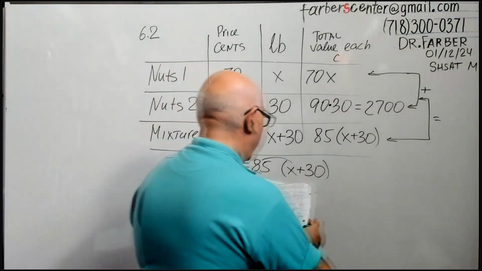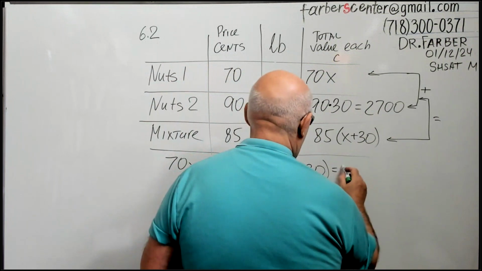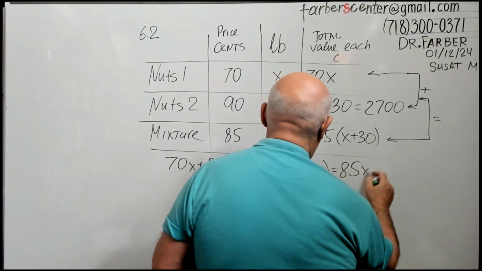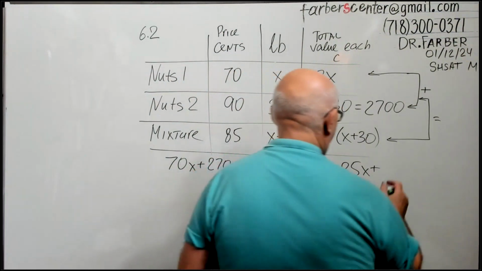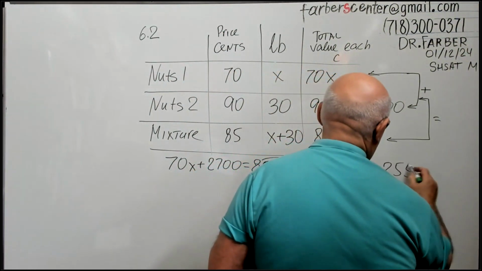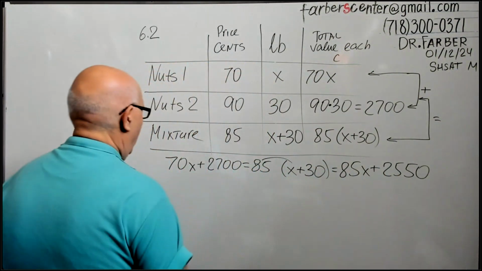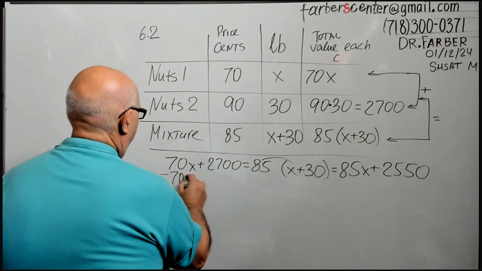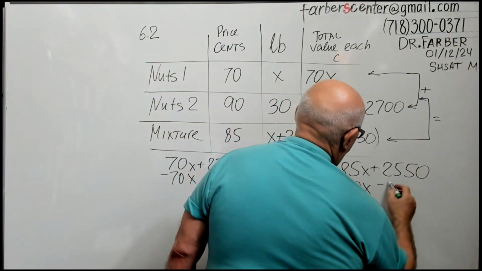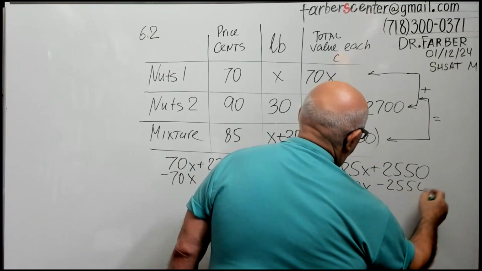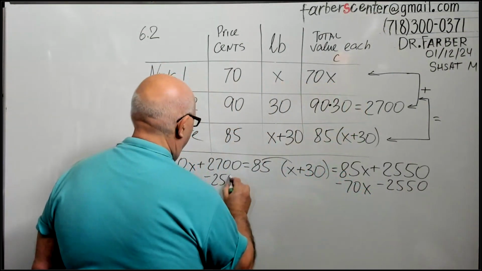You'll get 85x plus 2550. Let's solve it. Minus 70x and minus 70x, minus 2550 and minus 2550.